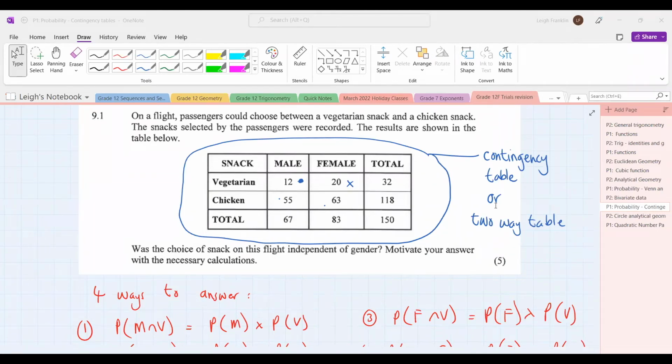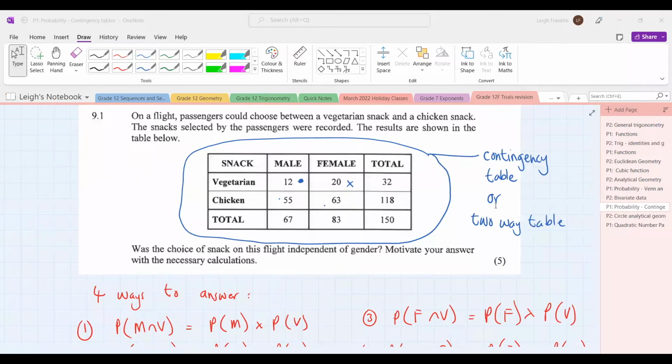Okay. So Monde, let's say you decided that you didn't want to look at female and chicken and you wanted to look at male and vegetarian. You would have done the same calculation, but for male and vegetarian. And you would have also arrived at a situation where your left-hand side did not equal your right-hand side. And similarly, you would have concluded that the results were not independent of one another.